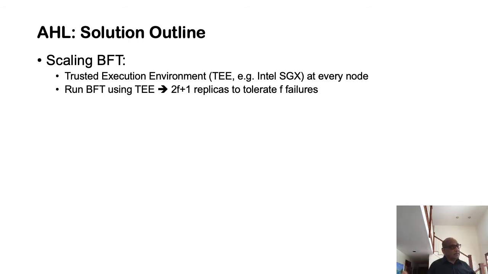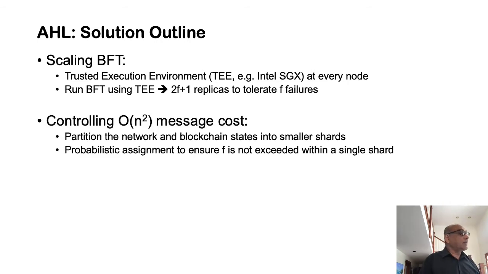And with that trusted execution environment, the authors actually demonstrate that they can run BFT, and instead of needing 3f+1 replicas, they only need 2f+1 replicas, even though they're dealing with malicious failures. So that, I think, is the first step for scaling BFT.